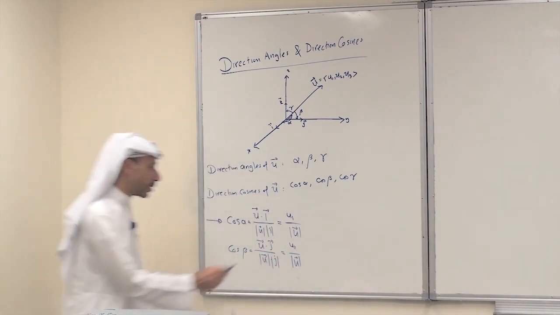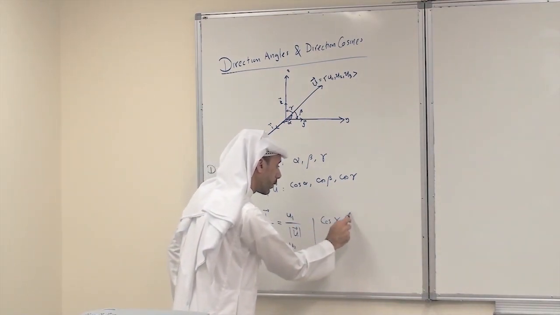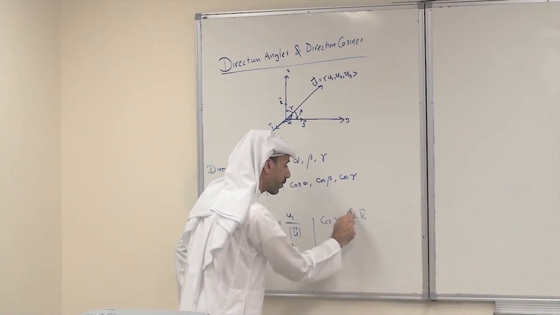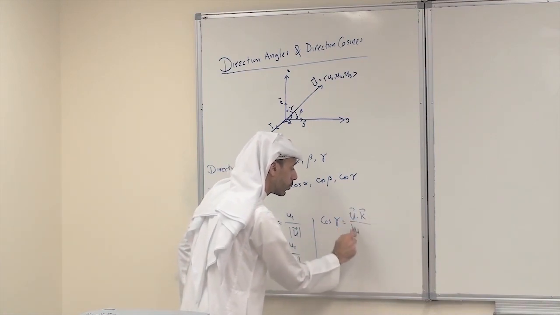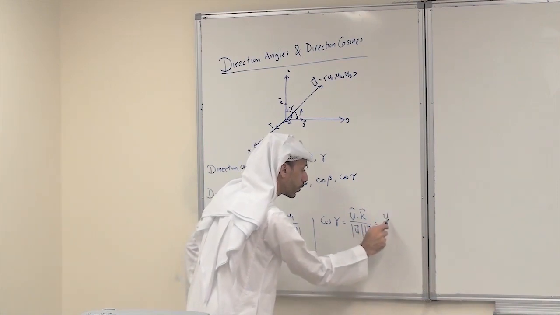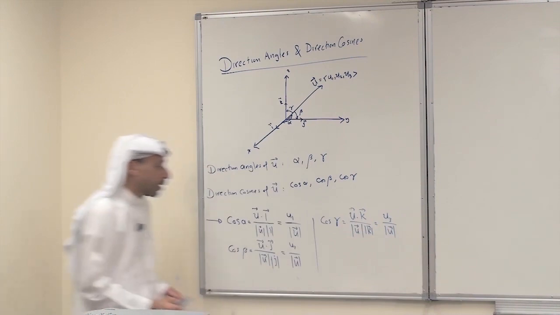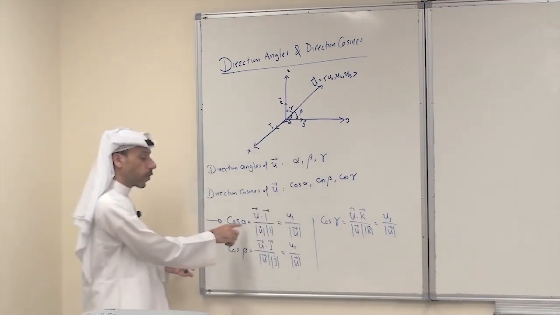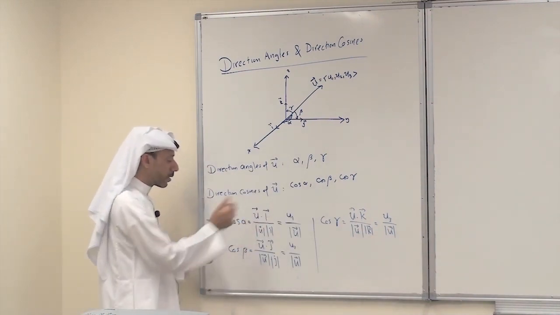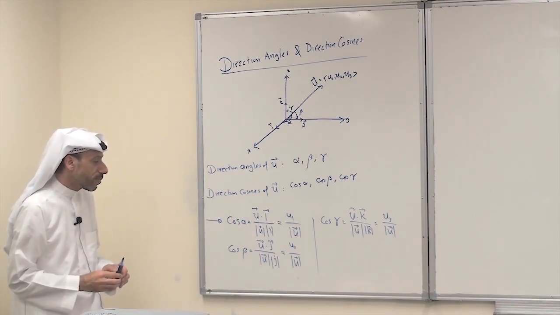And cosine gamma, similarly, it is u dot k over the magnitude of u times the magnitude of k, and this is u3 over the magnitude of u. From this we can solve for alpha, beta and gamma to get the corresponding direction angles.